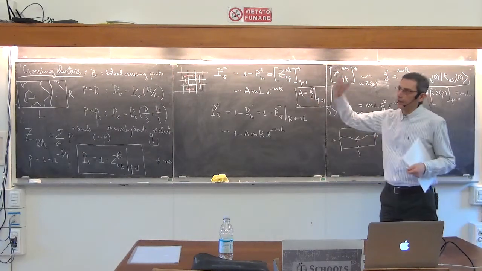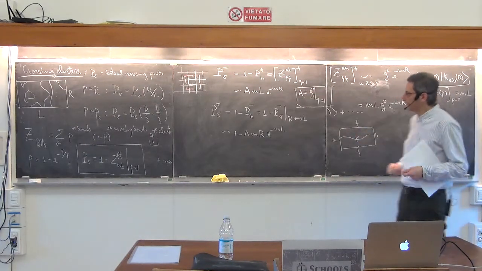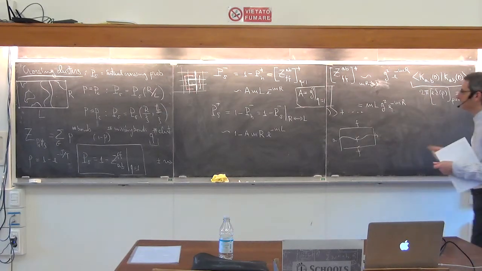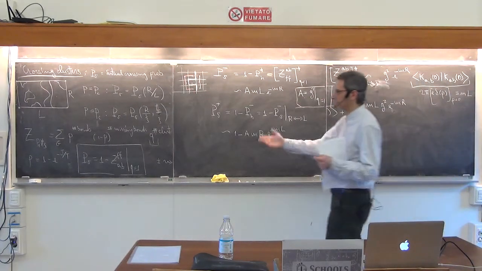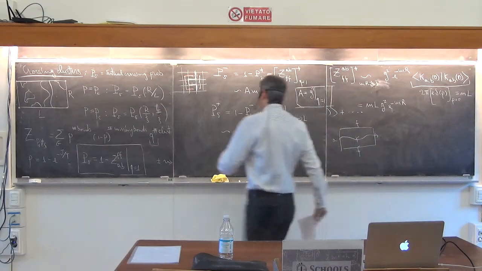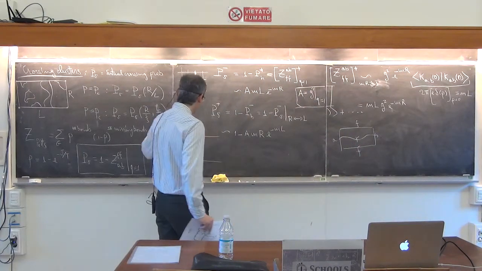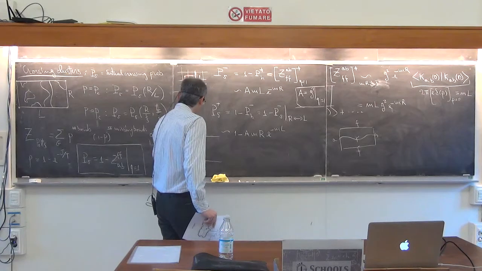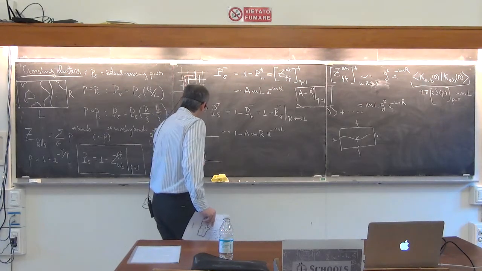And this, well, I have no time to go into any detail of this, but you remember this amplitude was arising from the boundary state. So it was essentially the decoupling of the particle to the boundary.